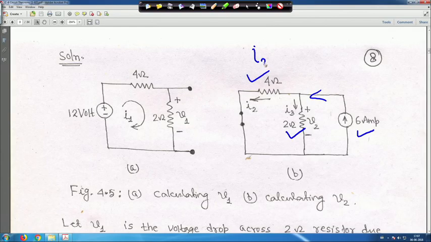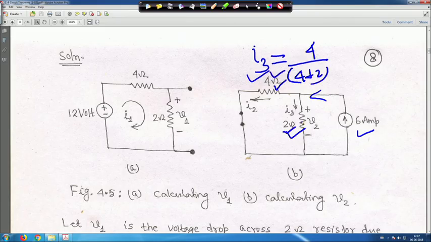Directly I can write I 3 is equal to, so this resistance is 4. So, 4 by 4 plus 2, this is 4 and this is 2, into 6. So, that is actually 4 ampere. So, I 3 is equal to 4 ampere. Directly from the current division method you can find it out.